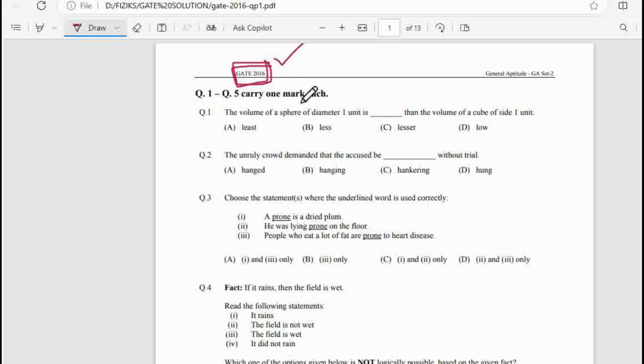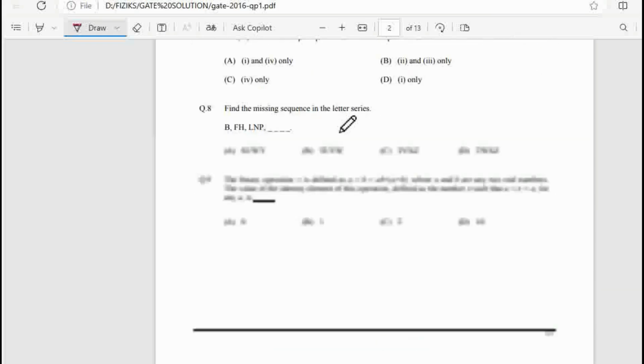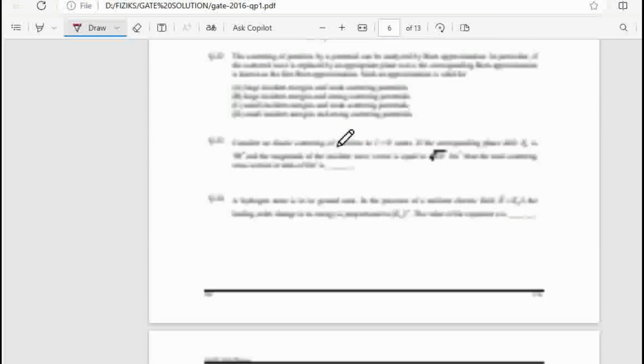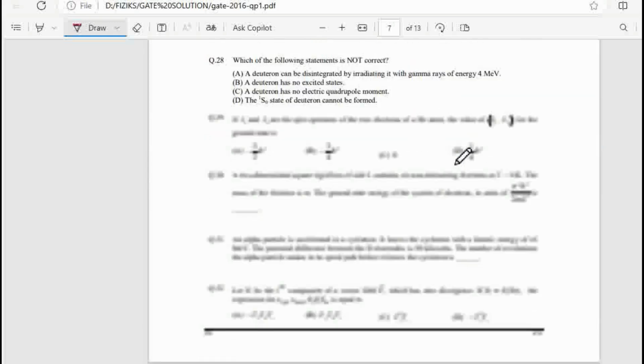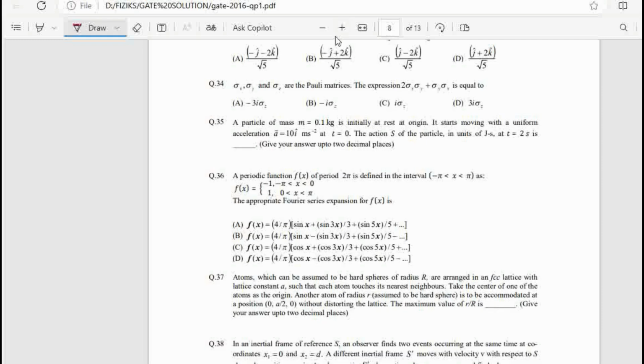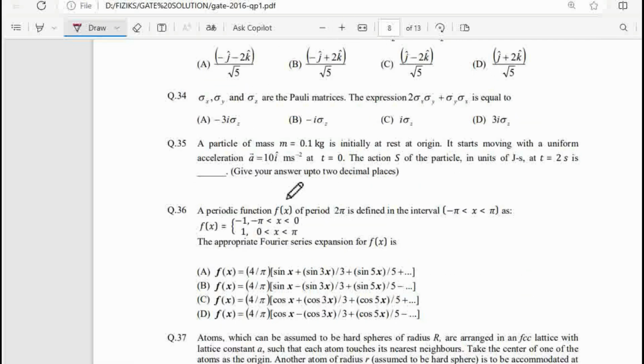Now in this paper there was question number 35. A particle of mass m, initially at rest at the origin, starts moving with a uniform acceleration.